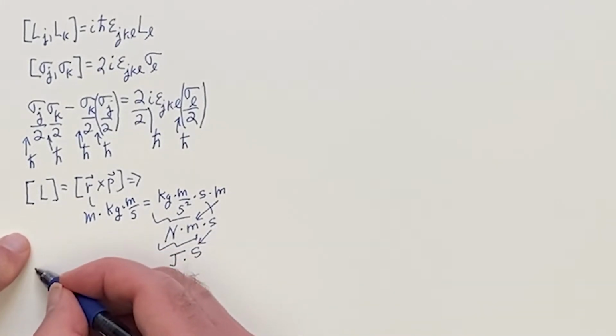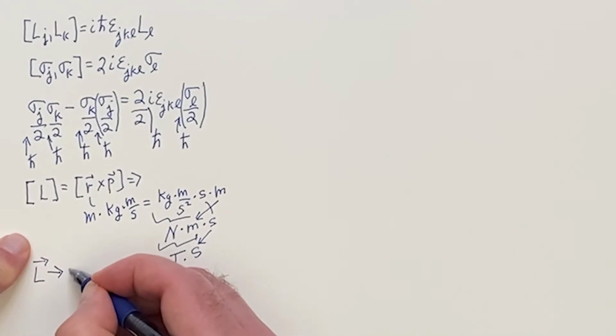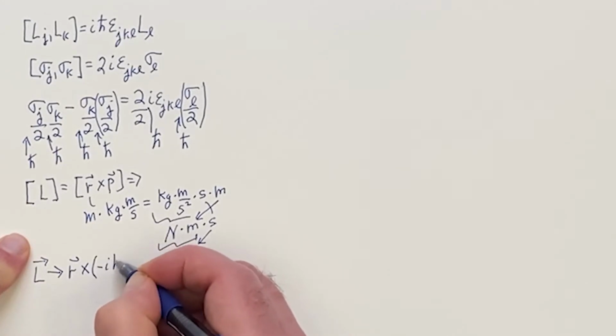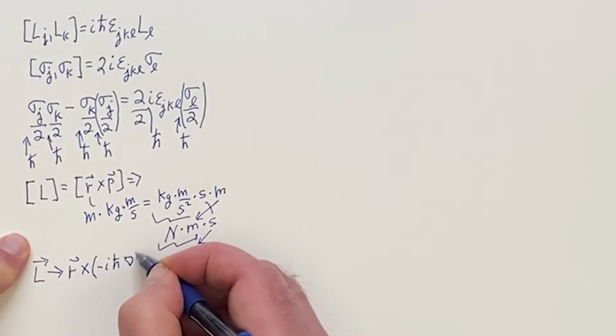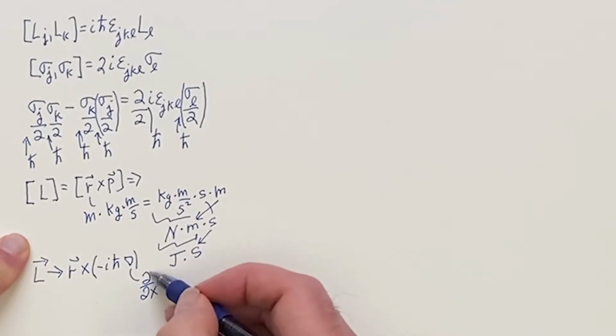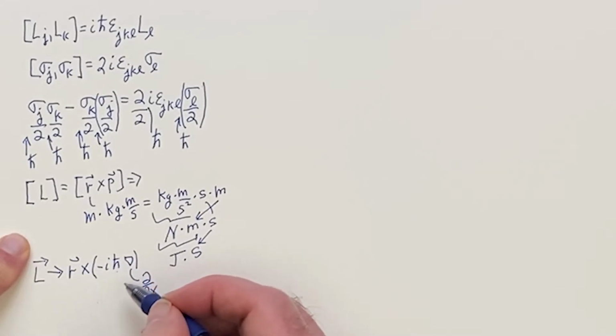And if you were to look at the prescription that we did here, where we had r cross the minus i h bar del, the del consists of derivatives, so that's 1 over meters. This is meters, that cancels, and you get h bar.